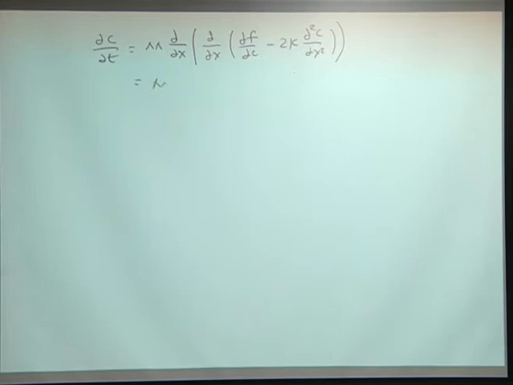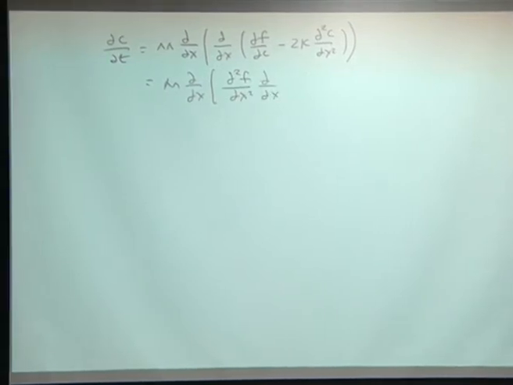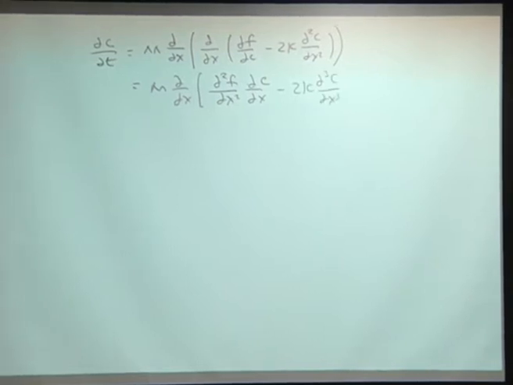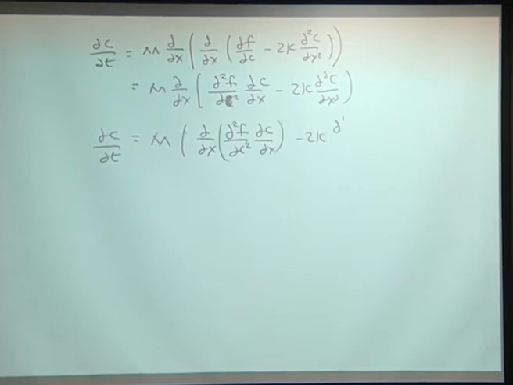So you can pull the derivative through, and then do it again, and you end up with an equivalent form, assuming again K and M are independent of composition. Looks like that.